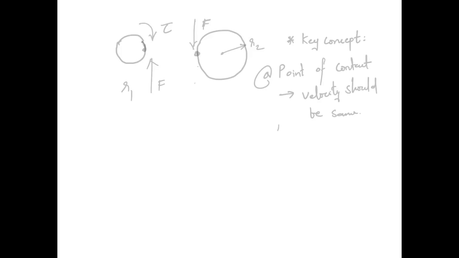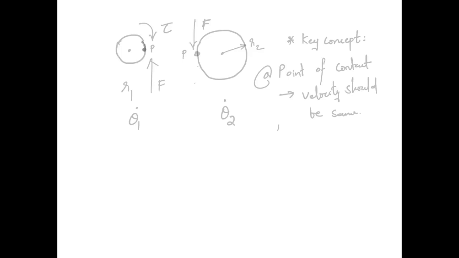Let me elaborate a little bit. Think of the small pinion rotating with an angular velocity theta 1 dot, and this one rotating with an angular velocity theta 2 dot. Let's say this is the point P where they come into contact.